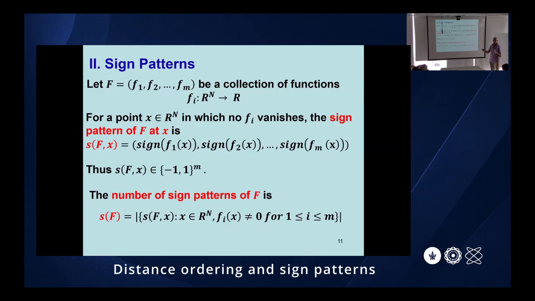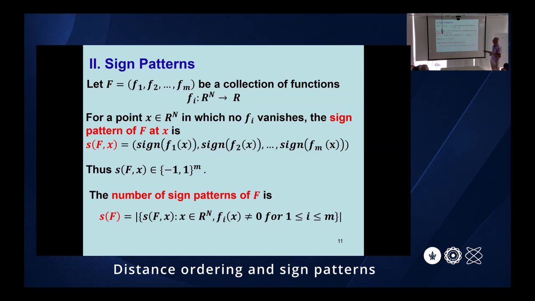These are all real functions of n real variables. So each function f_i takes an n-tuple of real numbers and returns a real number. And then we take a point x for which no f_i vanishes, although we can allow it to vanish also, but it's simpler to do it this way.